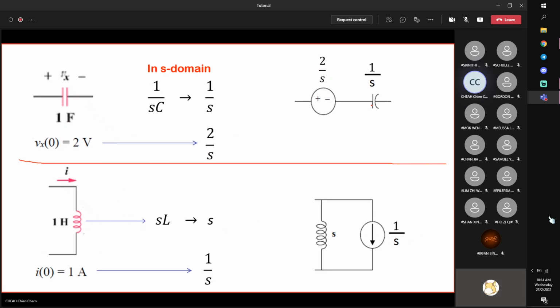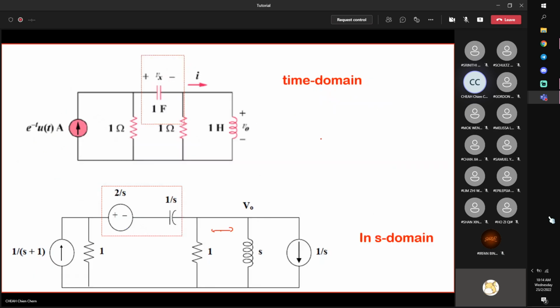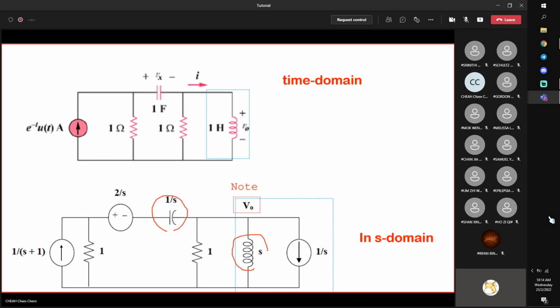Of course, you have to know how to use source transformations. Here we will then analyze these circuits to find V0. I read your question again, it is to find V0. Now imagine that you have all these as resistors. From week 1 and week 2, you can analyze it by using any methods that you have learned.